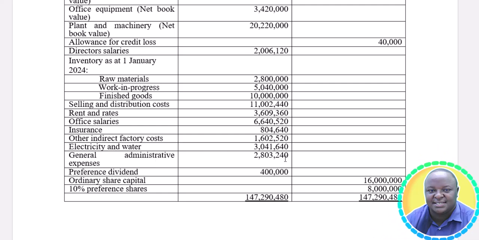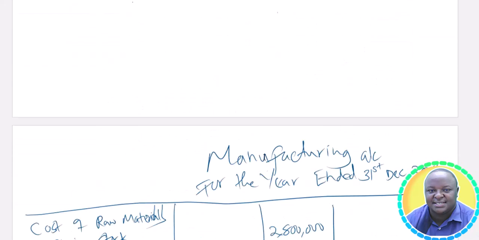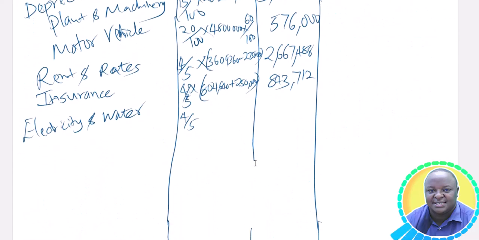So electricity and water will take 3,041,640, times 4/5. If you do that, you will get 2,433,312.